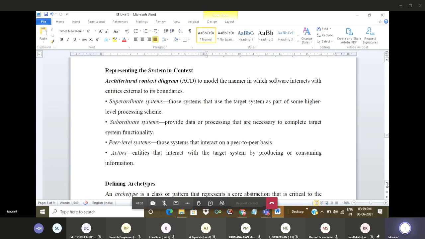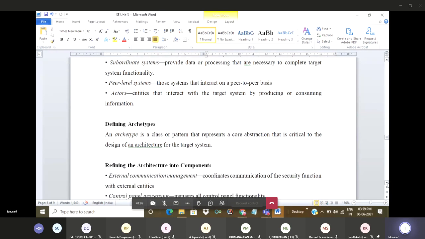Peer level systems are those systems that interact on a peer-to-peer basis. Actors are entities that interact with the target system by producing or consuming information. So these all come under the architectural context diagram.